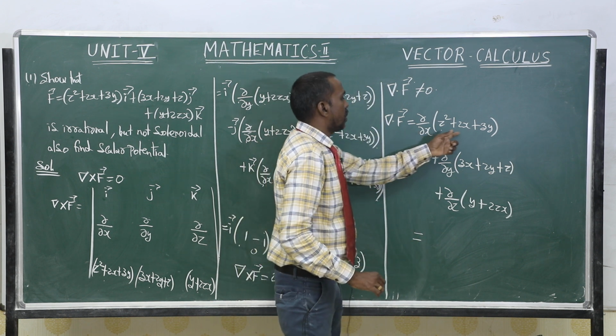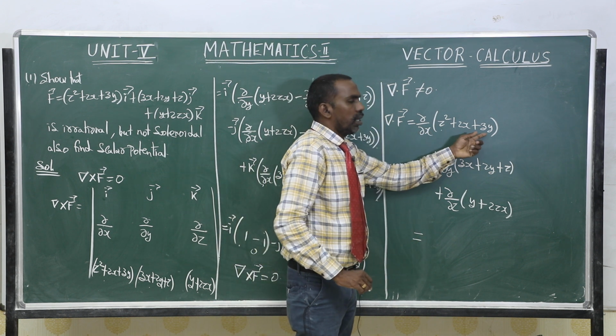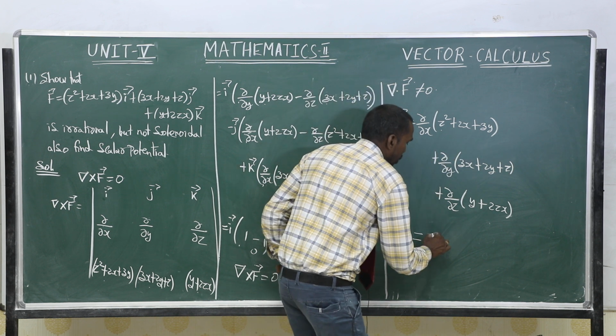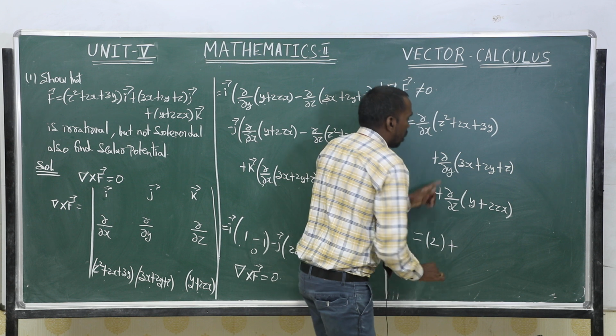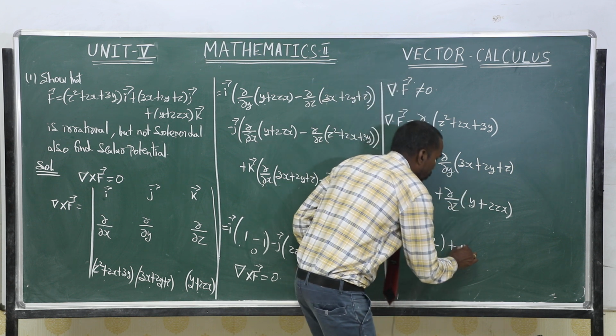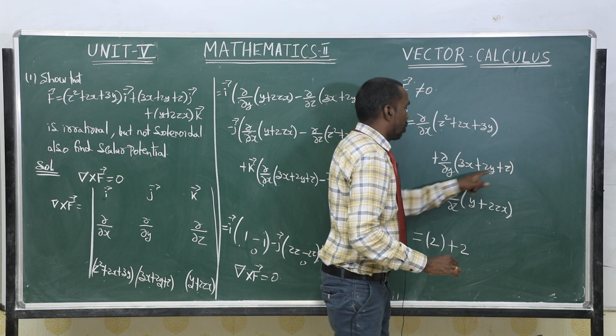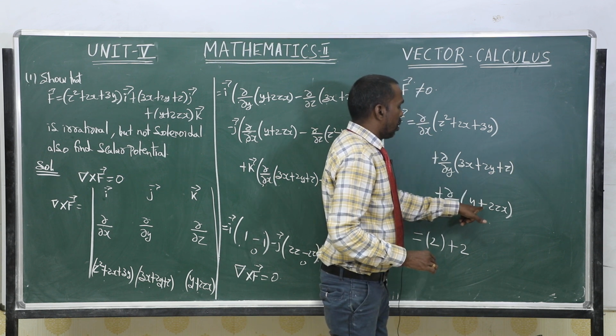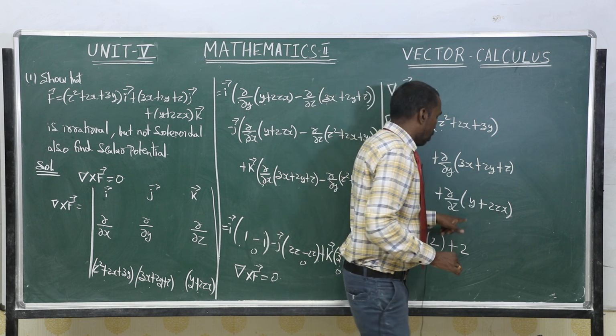The derivative with respect to x gives 0, 0 and only 2. Plus the derivative with respect to y: 0, 2y gives only 2, and 0. The derivative with respect to z: 0, 0, and only 2x.